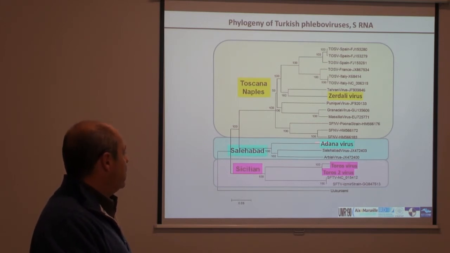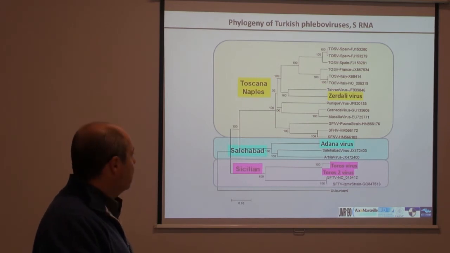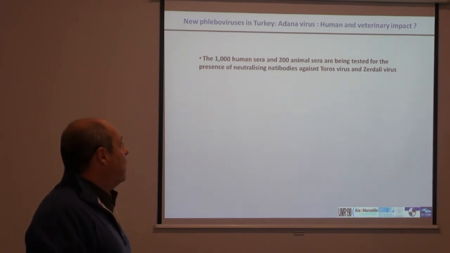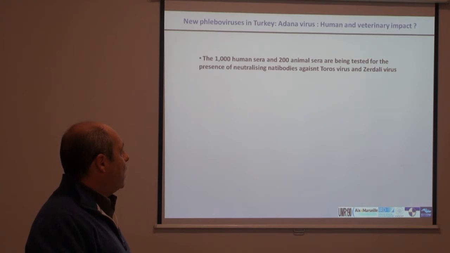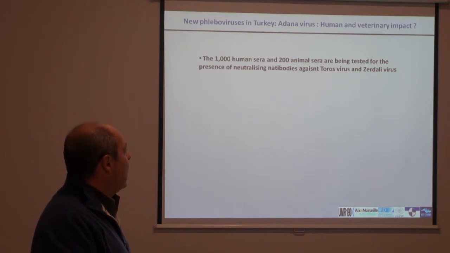Adana virus is in this position, and for Toros virus there are two viruses isolated, and they are closely related to Sicilian-like viruses. For these viruses, the 1,200 human and animal sera are currently being tested for the presence of neutralizing antibody against Toros virus and Zerdali virus, to again assess the human and veterinary impact of these newly described viruses. So the results are pending.